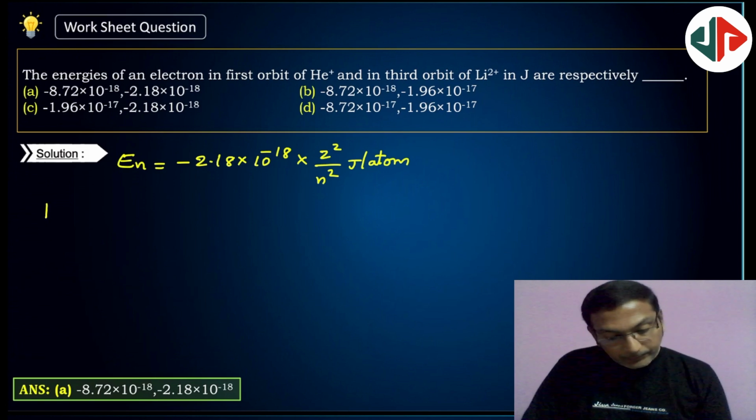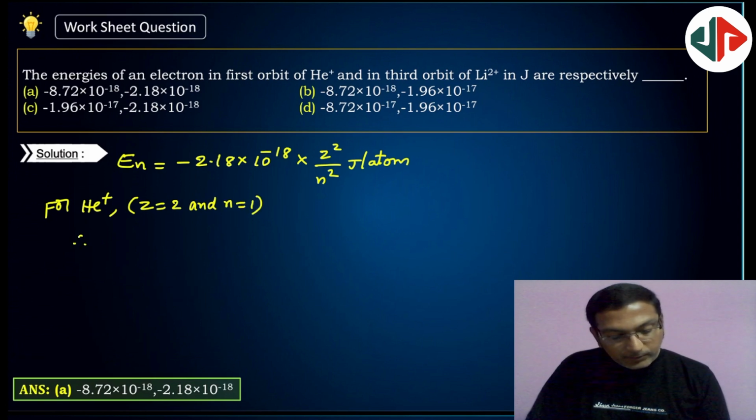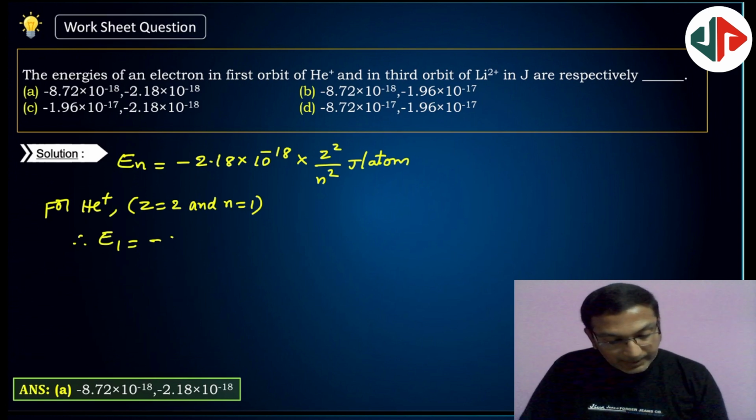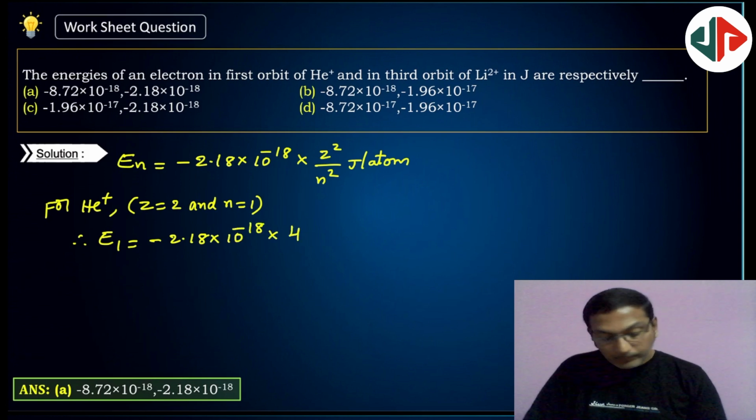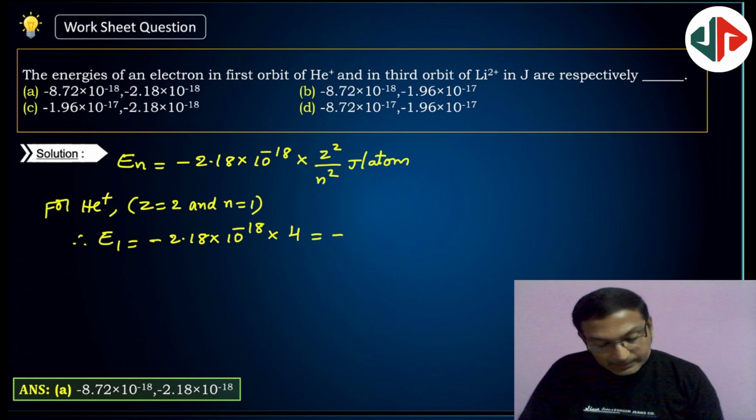So for He plus, given values are Z value 2 and n value 1. So E1 equals minus 2.18 into 10 power minus 18 into Z square 4, which is given by minus 8.72 into 10 power minus 18 joules.